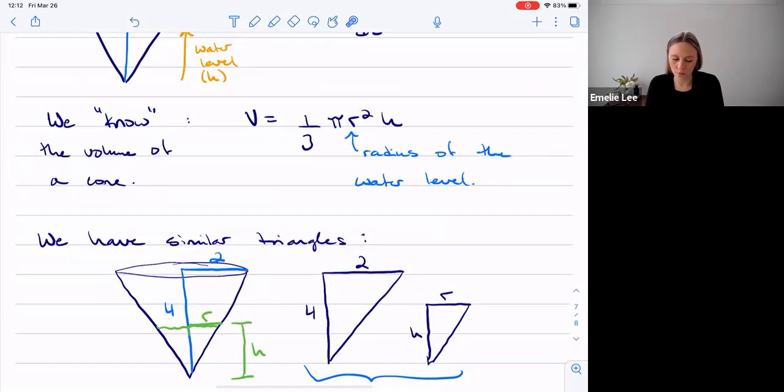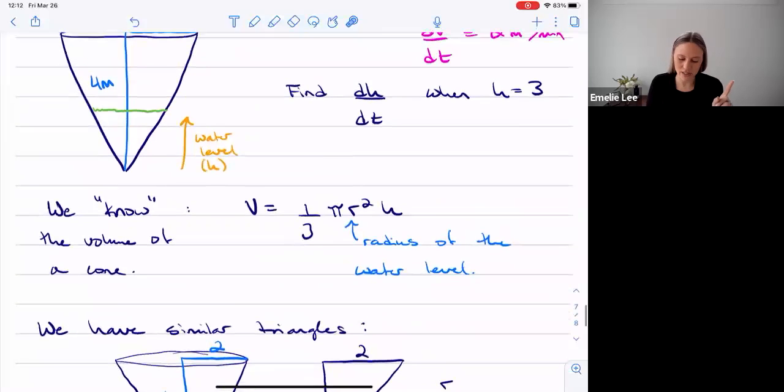But I also don't want to be dealing with this r as well as an h, as well as a V, right? And so what we're trying to do is rewrite r in terms of h instead, because I want to find dh/dt eventually, right?